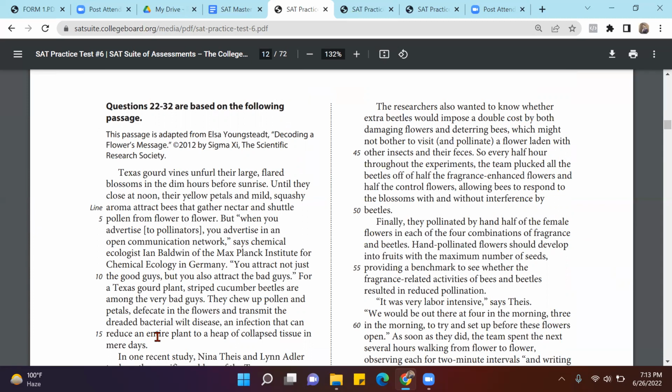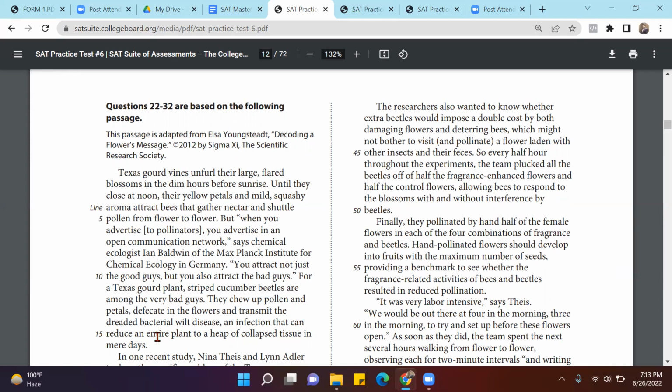Now, there are people who come with an excellent reading background. They have been into reading science fiction and they understand this kind of stuff. So if you are from that background where you have been reading a great deal, and reading a science passage is not a big deal for you, retaining all that information is not a big deal for you, you can go with reading the whole passage before answering the questions.